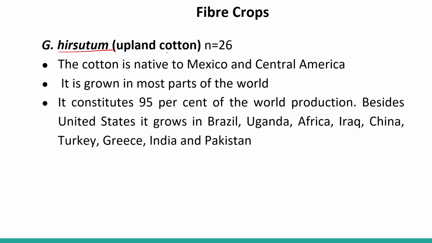Gossypium hirsutum, upland cotton. The cotton is native to Mexico and Central America. It is grown in most parts of the world, and it constitutes 95% of the world production. So 95% of the cotton production in the world belongs to this particular species, Gossypium hirsutum.